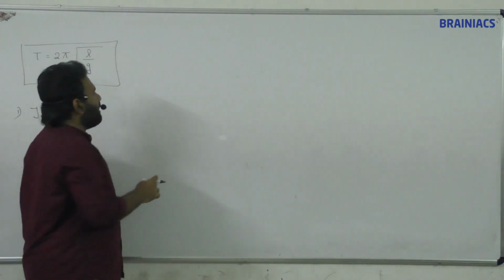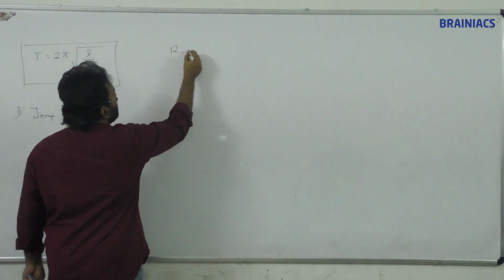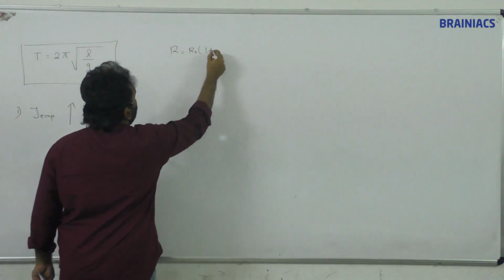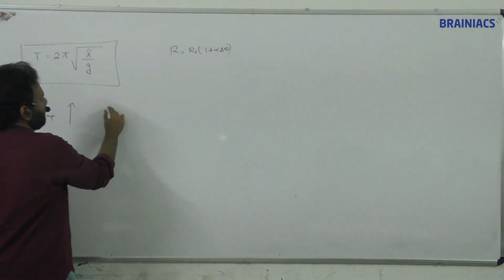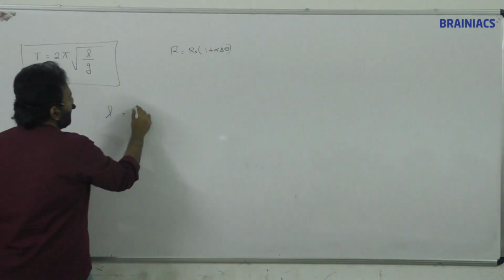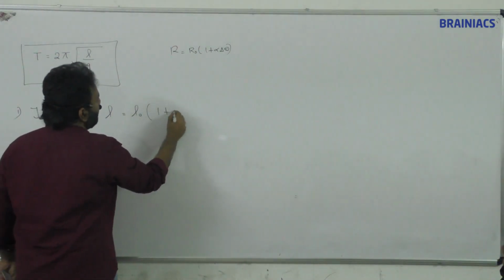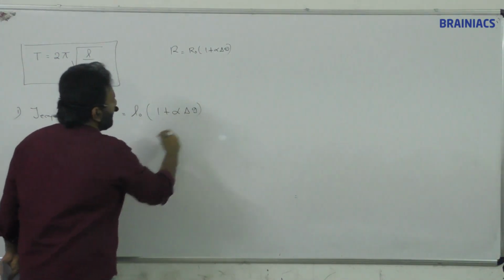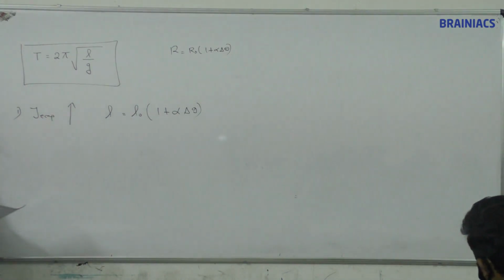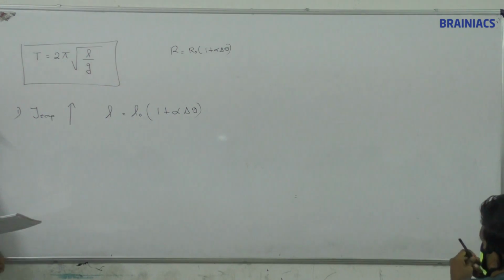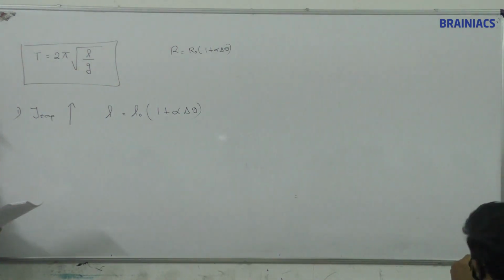Just like in the case of resistance, R is equal to R naught into 1 plus alpha delta theta, what will happen if you increase the temperature? The length will become L naught into 1 plus alpha delta theta. So this is going to be the new length. Clear? Now we need to substitute there and find the change in time period.